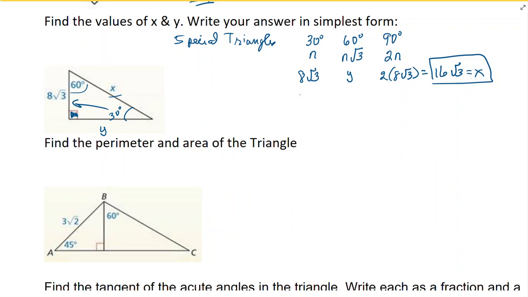So we know that n square roots of 3 equals 8 square roots of 3 times the square root of 3, because this is n. The square root of 3 times the square root of 3 is 3, so it's 8 times 3, 24, is y. So x is 16 square roots of 3, and y is 24.